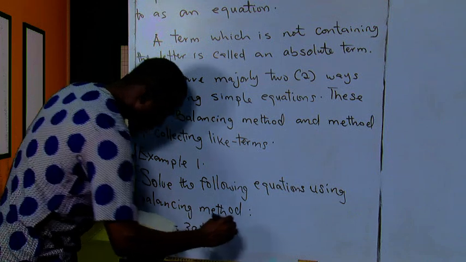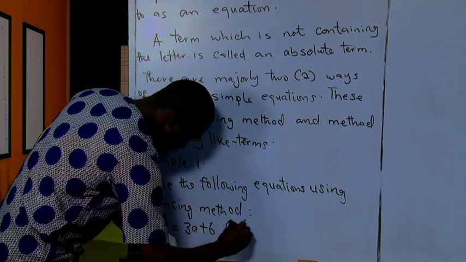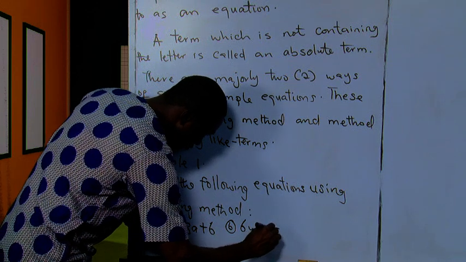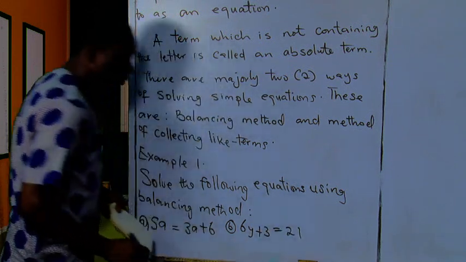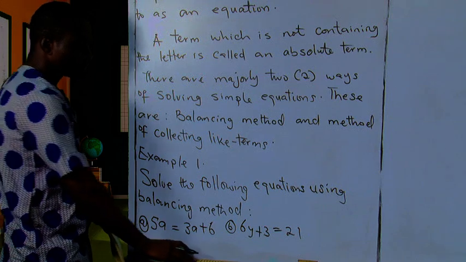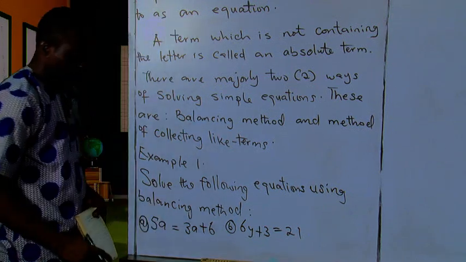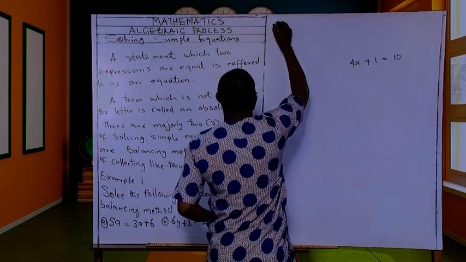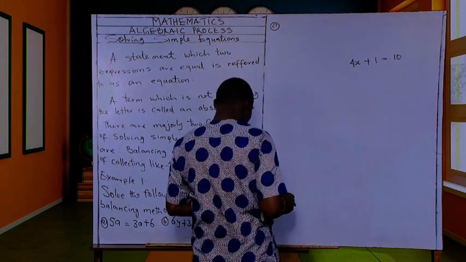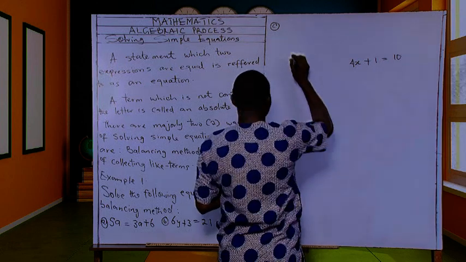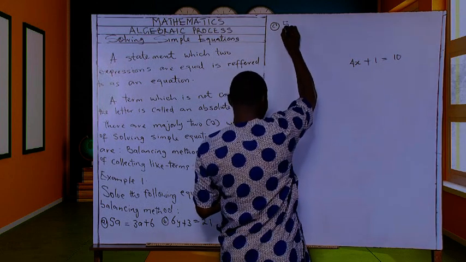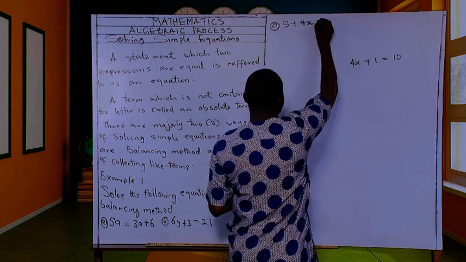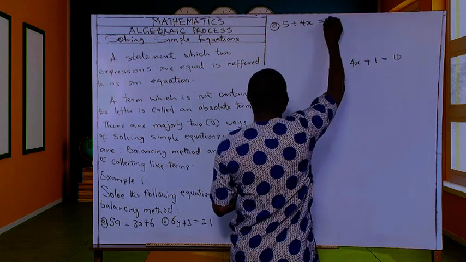B: 6y plus 3 equals 21. C: 5 plus 4x equals 17.